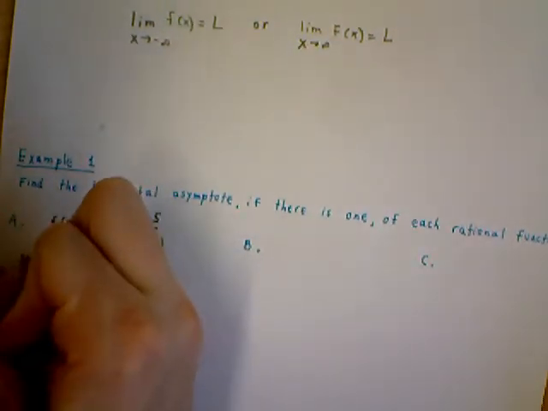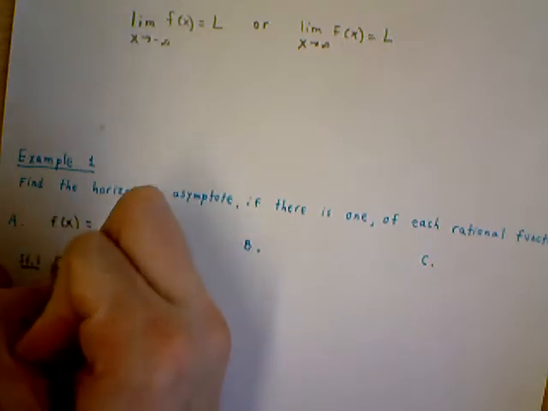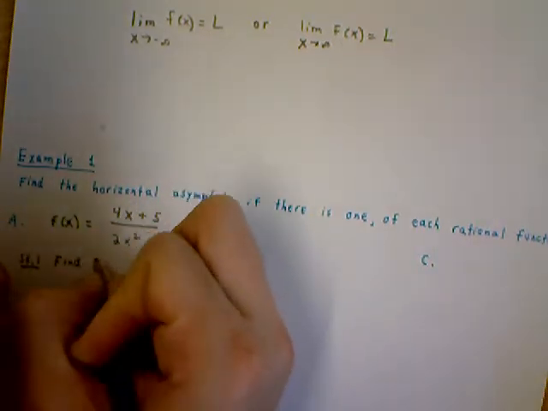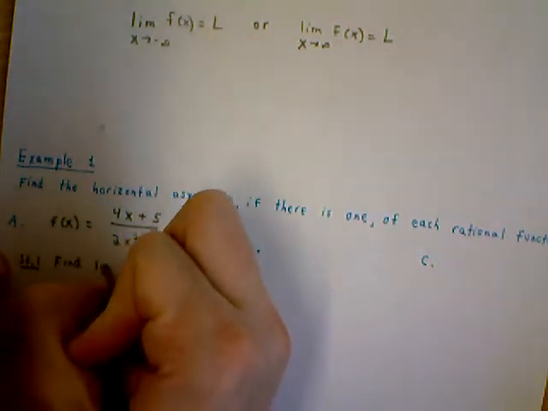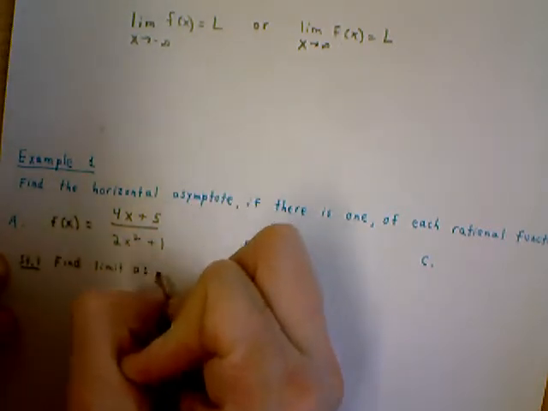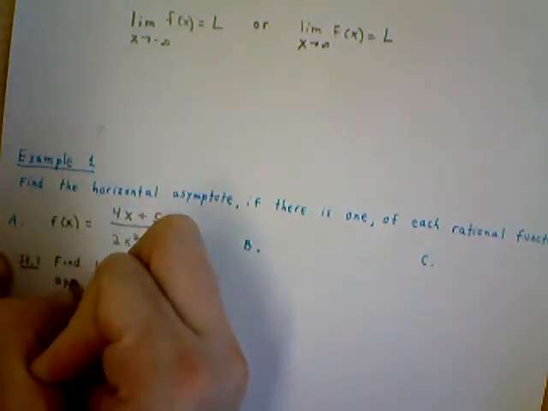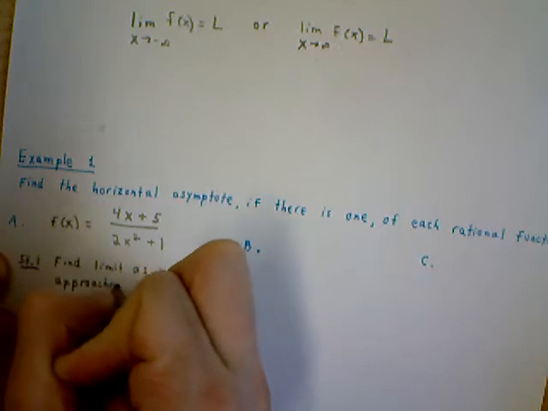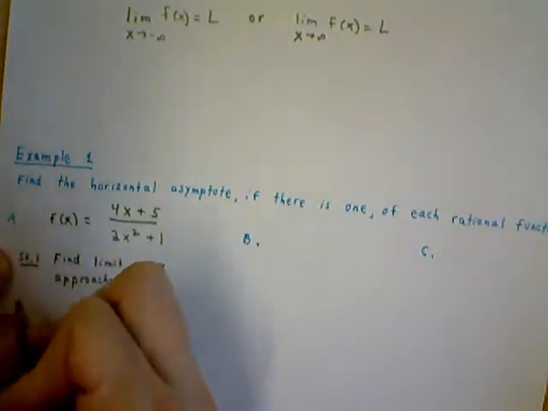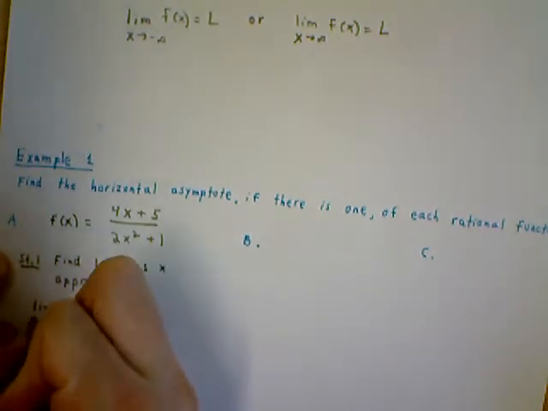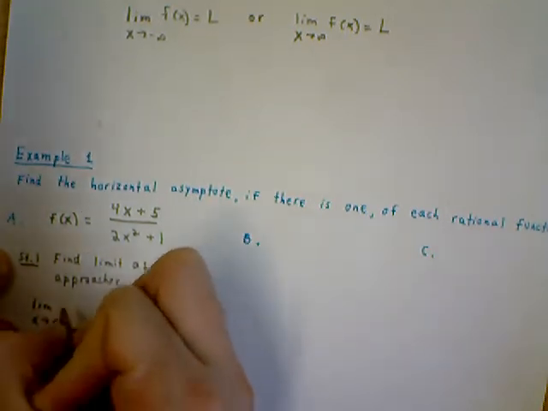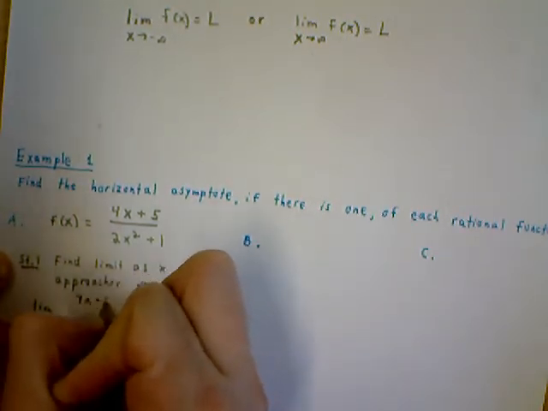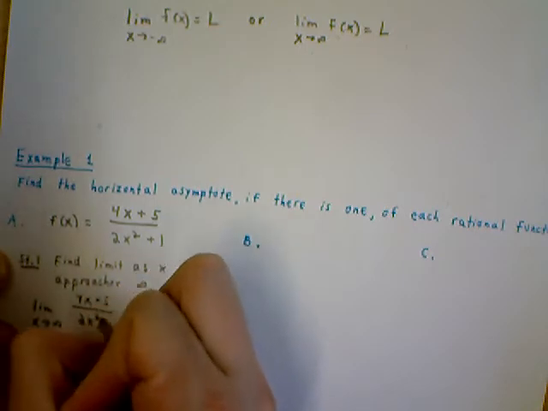So for our first step, let's find the limit as x approaches infinity of 4x plus 5 over 2x squared plus 1.